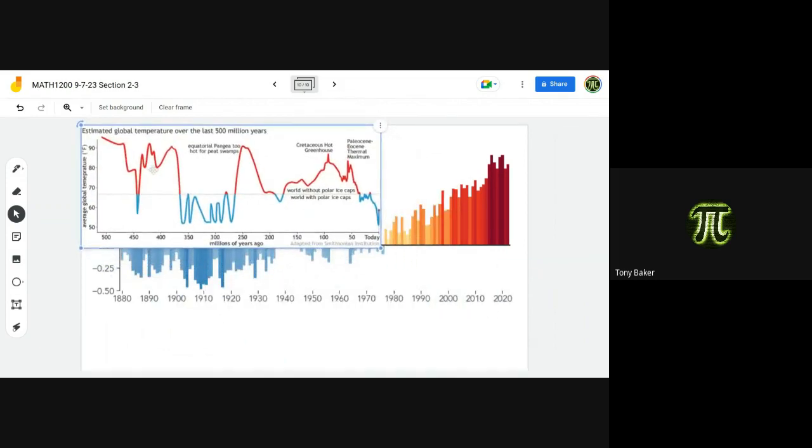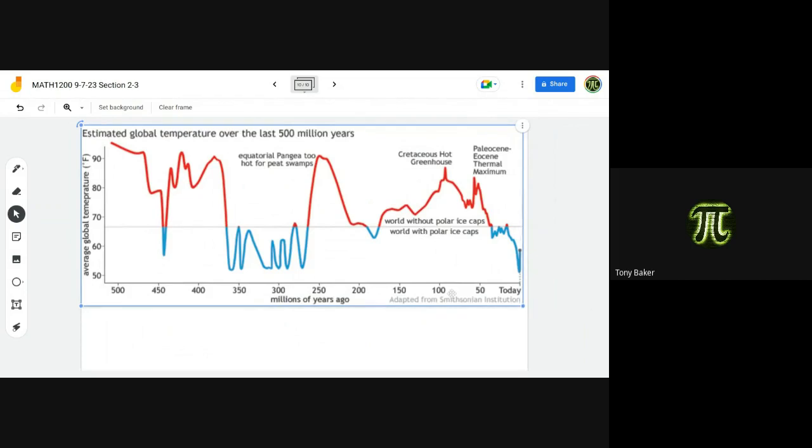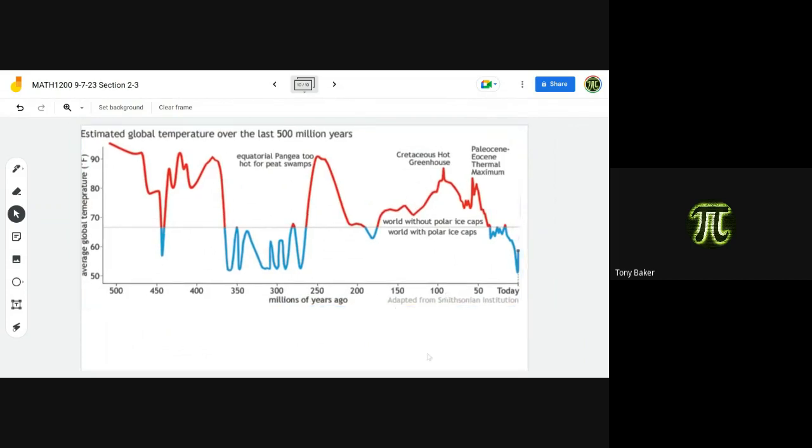Now let's look at this graph. This is also temperature for the past 500 million years. Now, I just said we don't have data going back further than about 1880, right? So how do we get the last 500 million years worth of data?